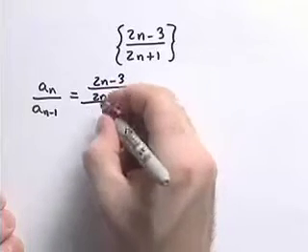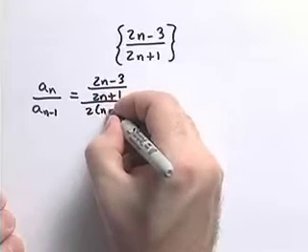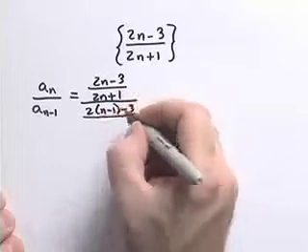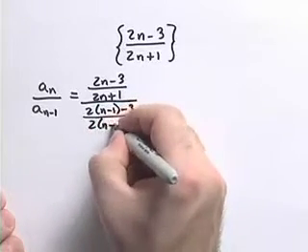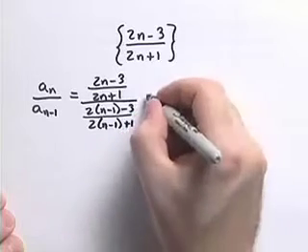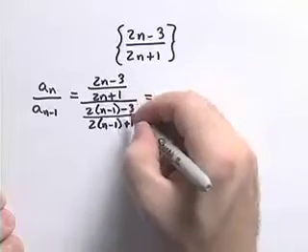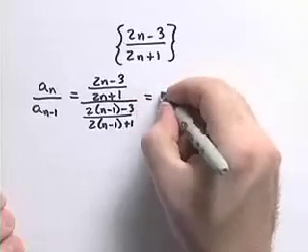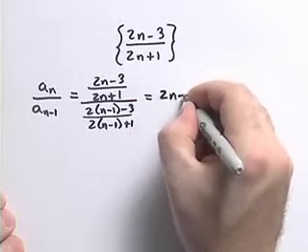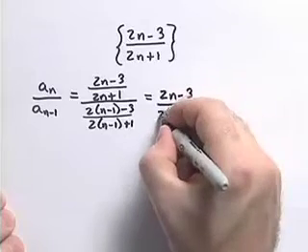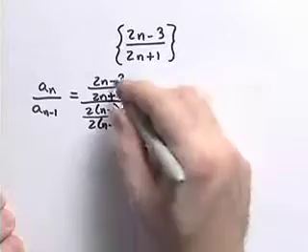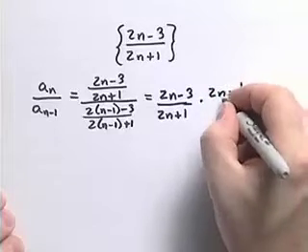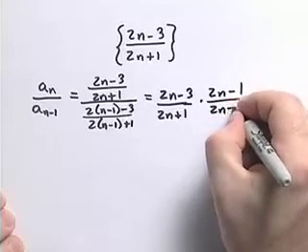All of that divided by (2(n - 1) - 3)/(2(n - 1) + 1). If we invert or clean up this denominator and then take the reciprocal and multiply, we'll have (2n - 3)/(2n + 1), so that's our numerator here, times (2n - 1)/(2n - 5).